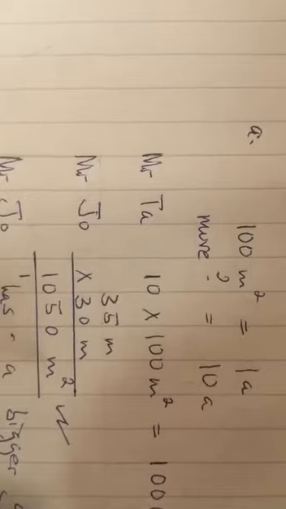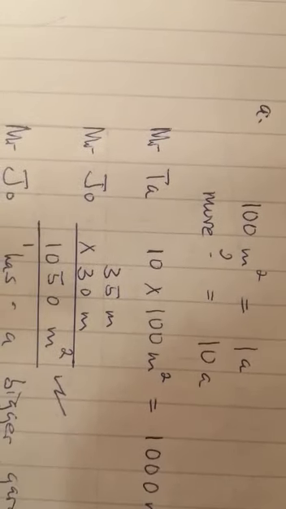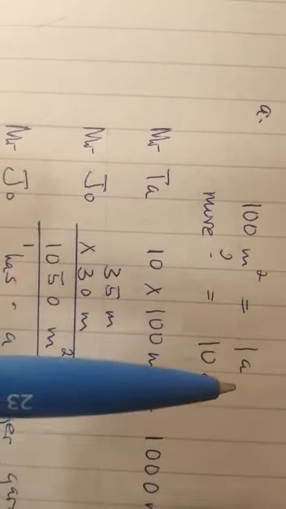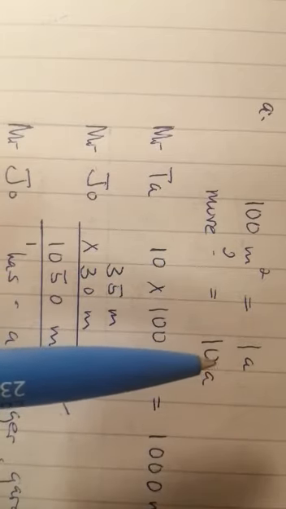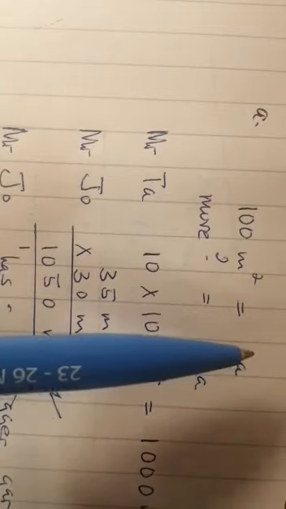We know from the conversion that I gave you previously that 100 square meters is equal to 1 acre. We have been told that Mr. Tar's garden is 10 acres. That means 10 acres will give us more than 100 square meters, since 10 is larger than 1.